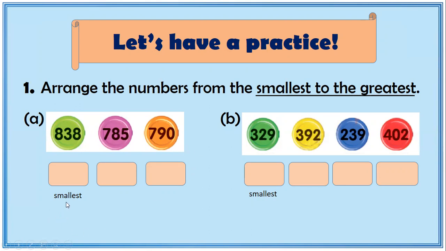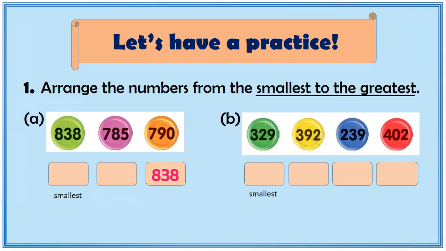So begin at the smallest number. So this is 8, 7, and 7. So as we all know, 8 is bigger than 7, right? So automatically, 8 will be the greatest number.